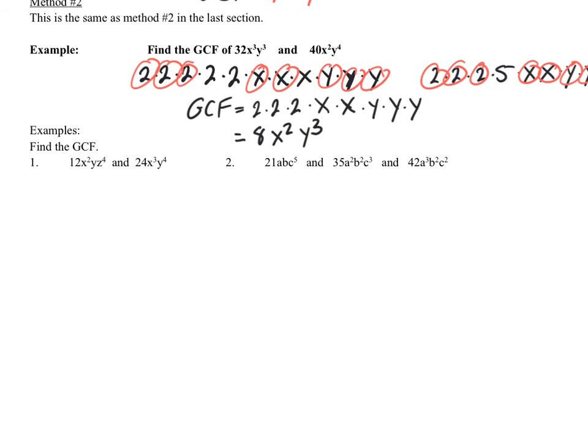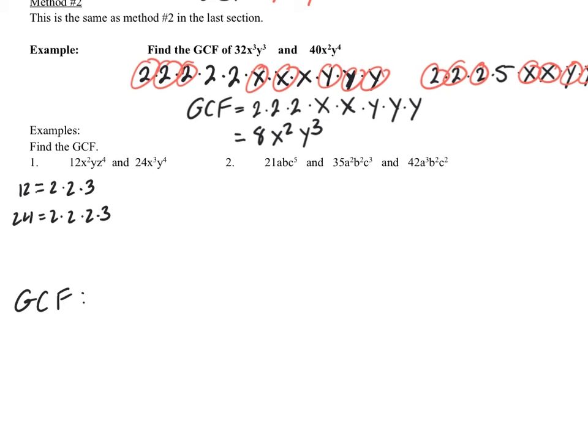So first example, I'm going to find the GCF of the numbers first, the coefficients, 12 and 24. I'm going to do that the same way I did in the previous videos, finding the prime factorization real quick, and then multiplying their common factors.